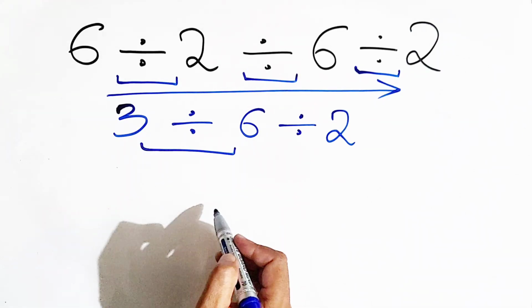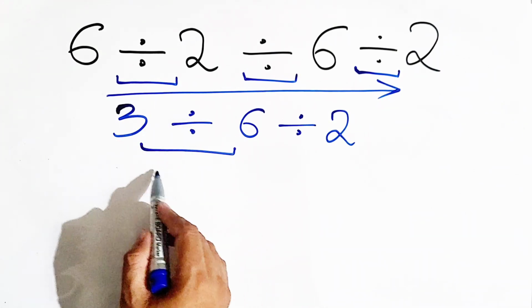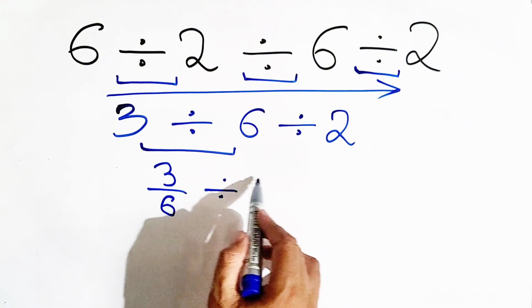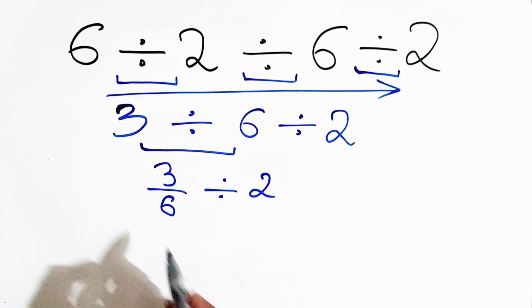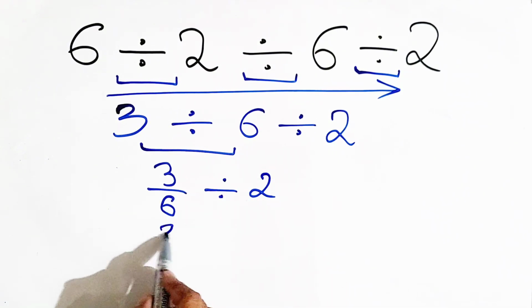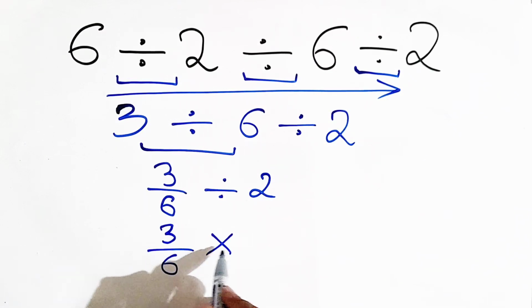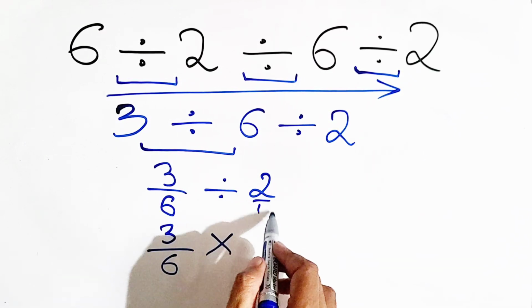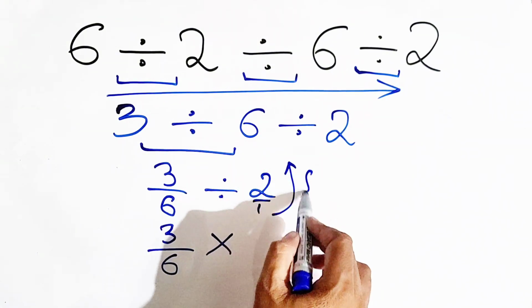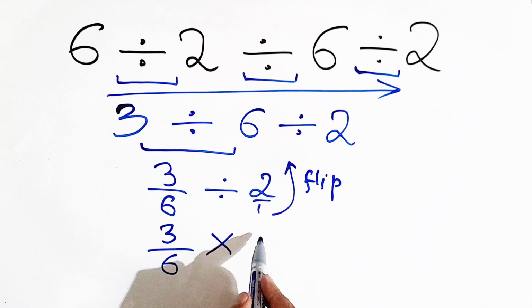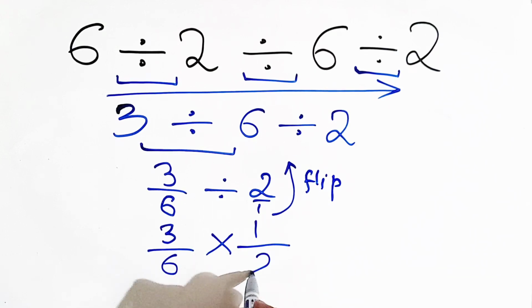Again, by moving from left to right, this division can be written in a new form, 3 over 6 divided by 2. Now we have to apply KCF. Keep this one. Division is changed into multiplication. 2 over 1 is flipped to make it 1 over 2.